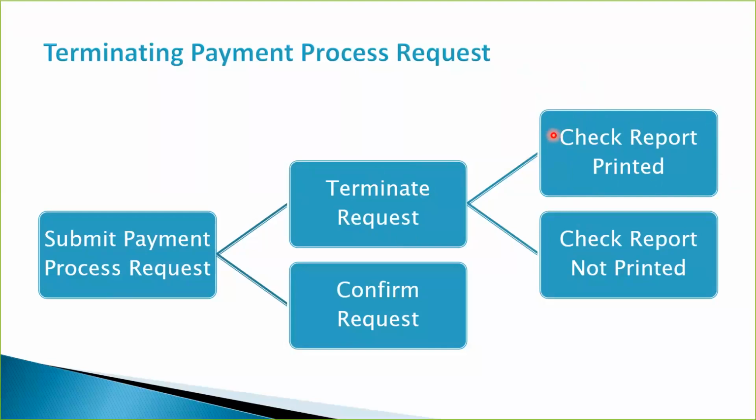So you have to go and update that information to show that this particular check leaf has been used, although it was used erroneously, so that when you're doing your next printing, the physical check number matches with the system check number.